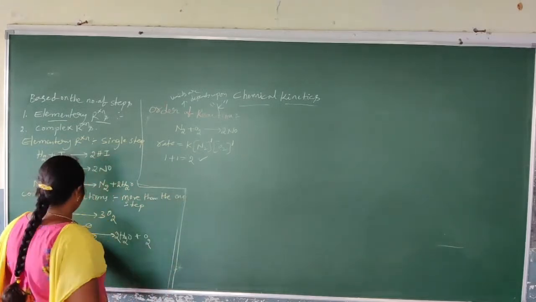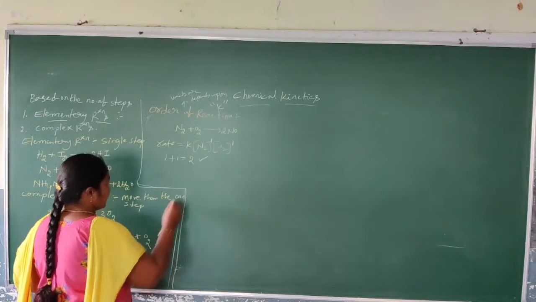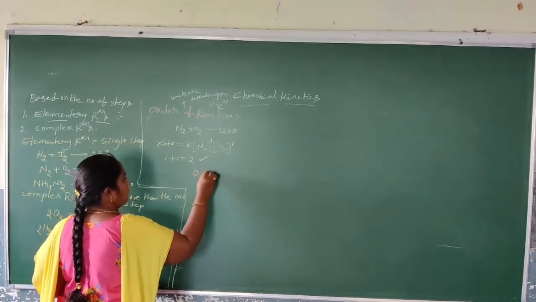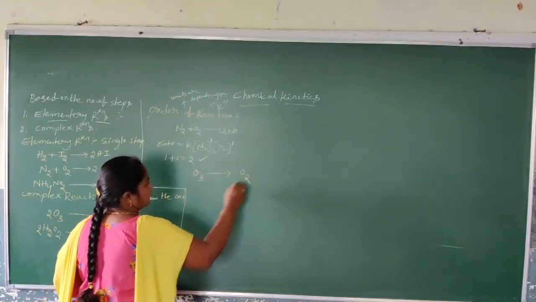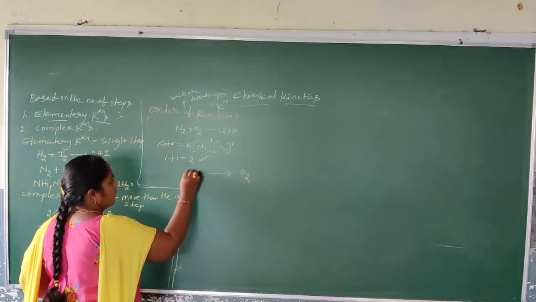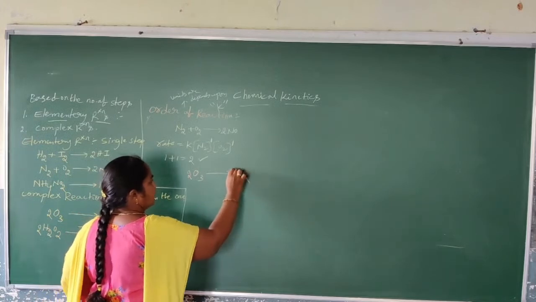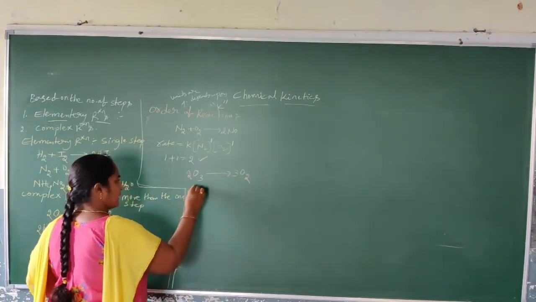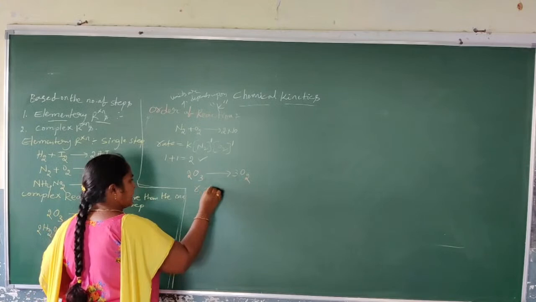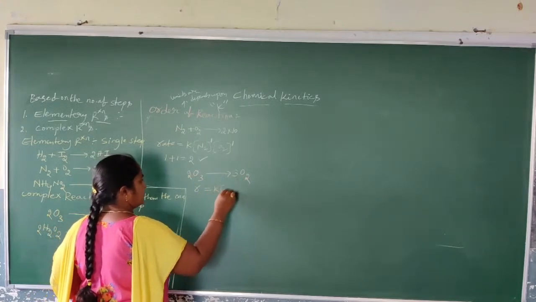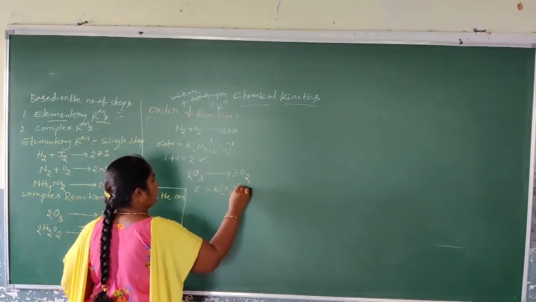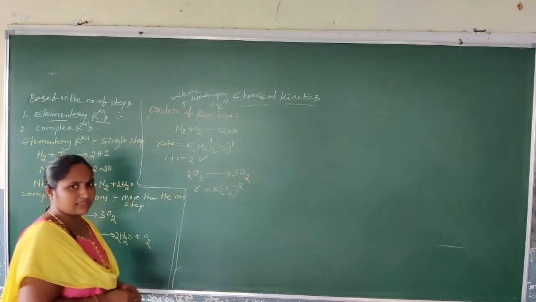For that I give one example, the conversion of an O3 molecule to oxygen. How can we write the rate equation? Rate is equal to K into O3 to the power of 2. So what is the order of the reaction for this one?